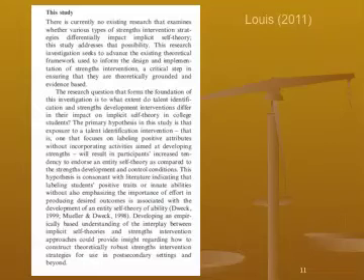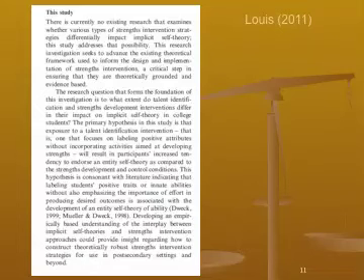Then Lewis, in 2011, in the second paragraph there, provides us a research question and a hypothesis. I'll just read the research question, and you can read the hypothesis on your own.